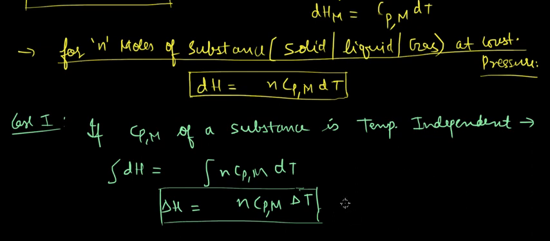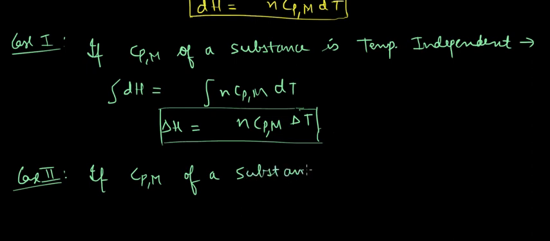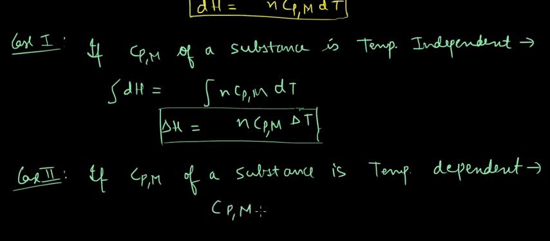Next, case 2, in which Cpm of a substance is temperature dependent from T1 to T2. Then we can have Cpm as a function of temperature.